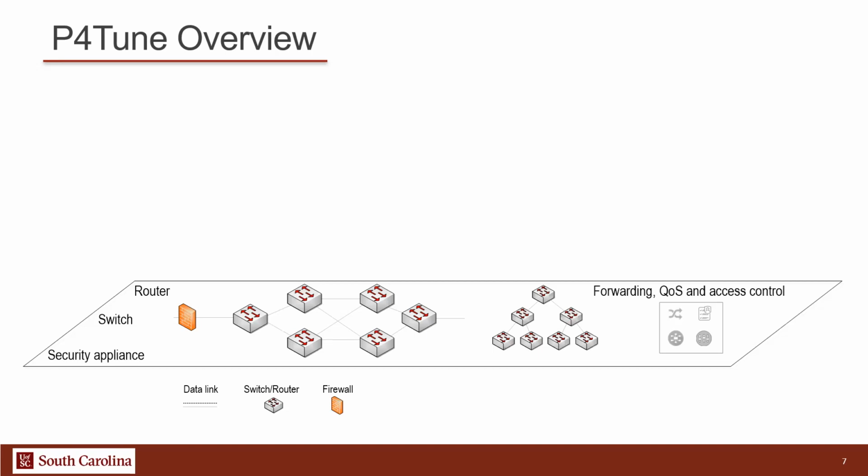We called it P4Tune. You can see here in the figure, this is the forwarding, quality of service, access control layer. So this is pretty much where all the legacy devices are. Regardless of which topology you have, you might have some firewalls, you might have routers and switches, and all of these are the ones that you see in current networks.